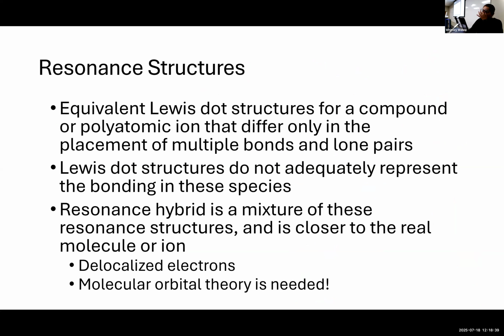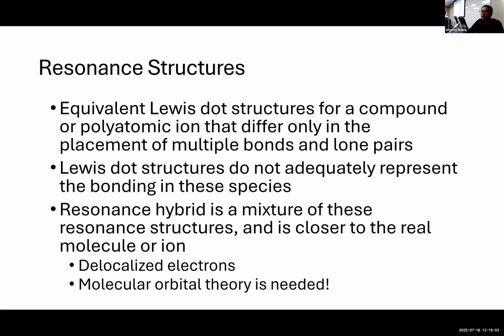So sometimes, like on the previous slide, there can be multiple Lewis dot structures, depending on if you need to move the double bond around because it could pick any oxygen. So equivalent Lewis dot structures for a compound or polyatomic compound that differ only in the placement of the double bond because there's multiple options, they would have something that we call a resonance structure.